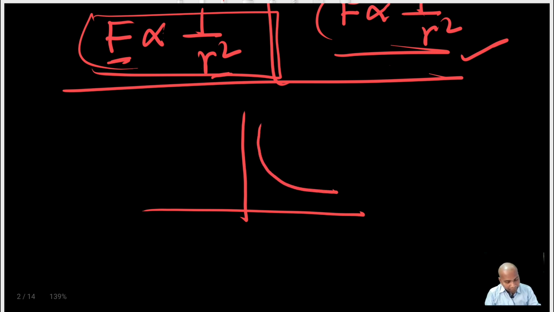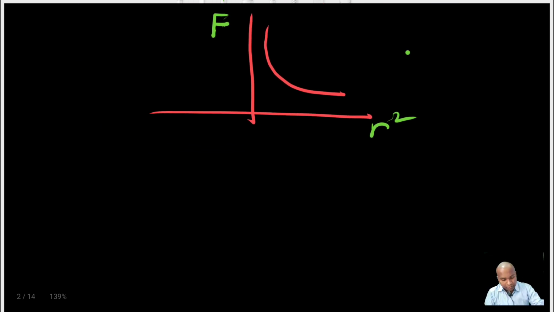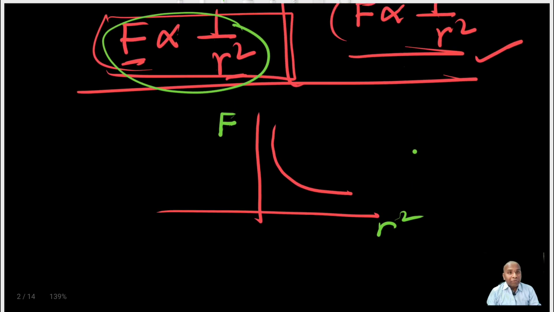Along the y axis is force, and the x axis is the square of the distance. According to this equation I drew this. Okay, this is regarding gravitational force and electrostatic force.